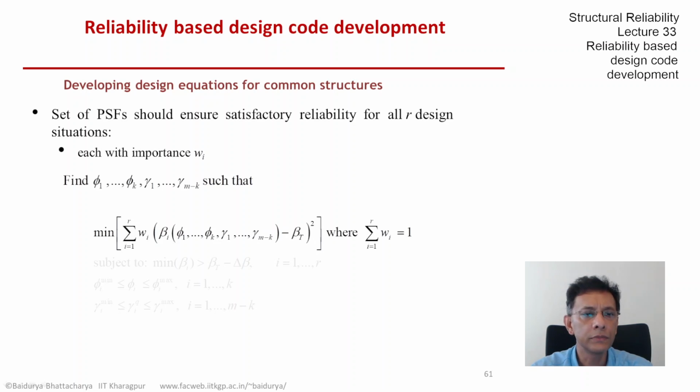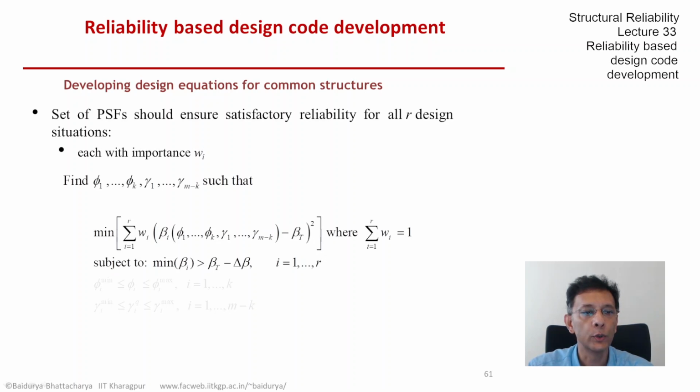It's sensible to say that the weights are normalized, so they sum to 1. That is our objective function: minimize the weighted sum squared error.